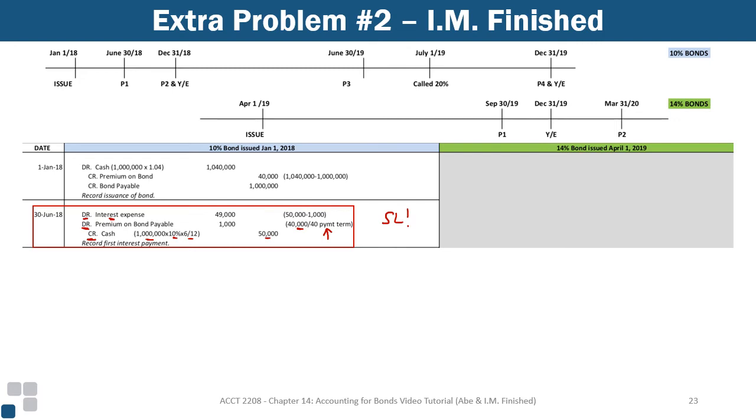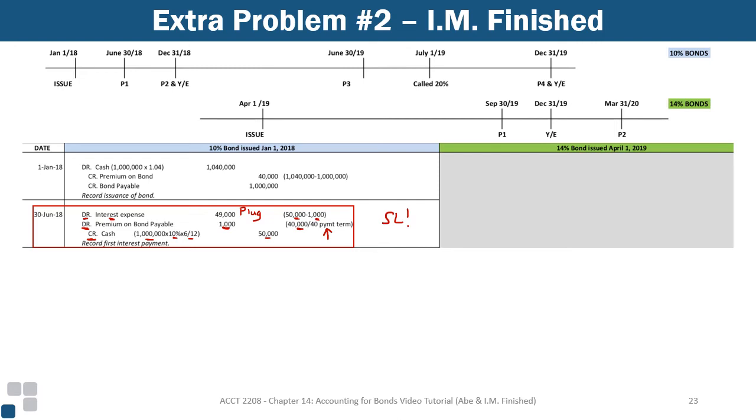So that's $1,000 in bond premium amortization per period. So debit the premium, or the bond payable account if you use a single account, for $1,000. Then you can plug the interest expense to be 49,000, or 50,000 minus 1,000.